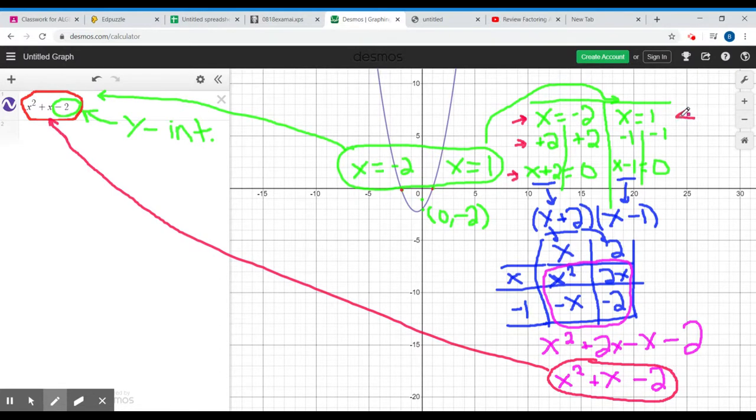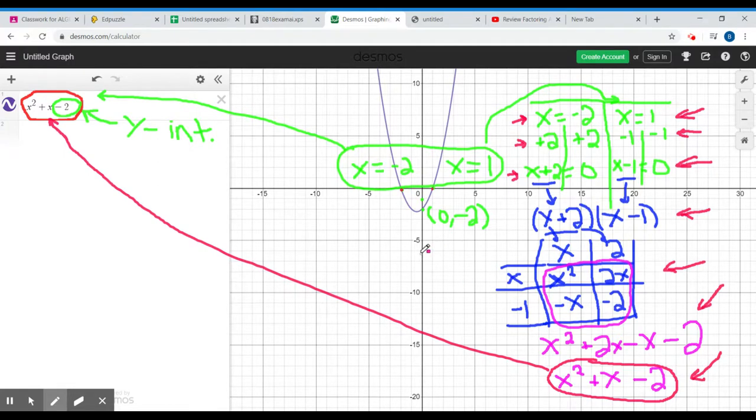I took x equal to 1, brought the 1 back over next to the x, again reversing what we've been doing, set it equal to 0, and I get x minus 1. Then I just multiply these two together, using either my FOIL or box method, and I can come up with what my quadratic equation was for that parabola.